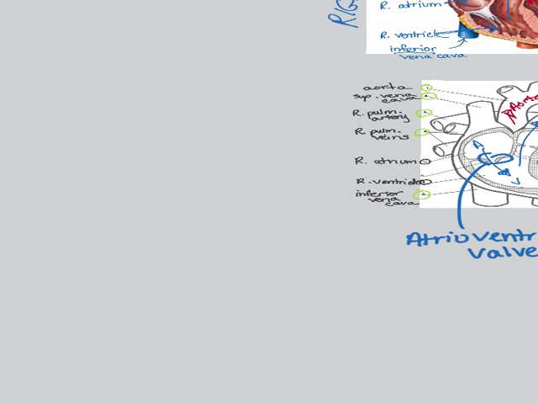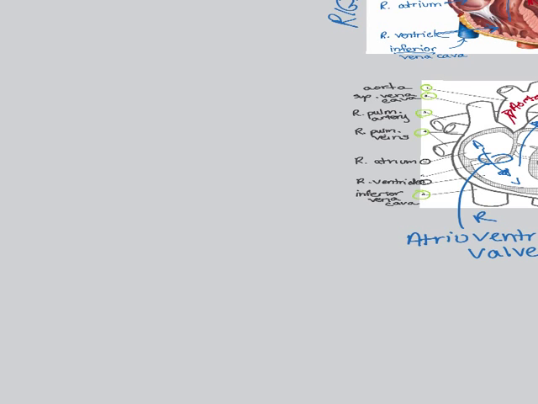It is the AV valve, and if we're going to be specific, we need to call it either the right AV valve or the left AV valve. So the one over on the right side is the right atrioventricular valve. You may not just call it the AV valve. You will not get a mark for that. It is the right atrioventricular valve or the left atrioventricular valve.